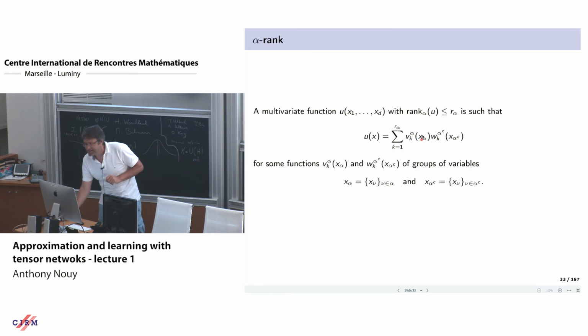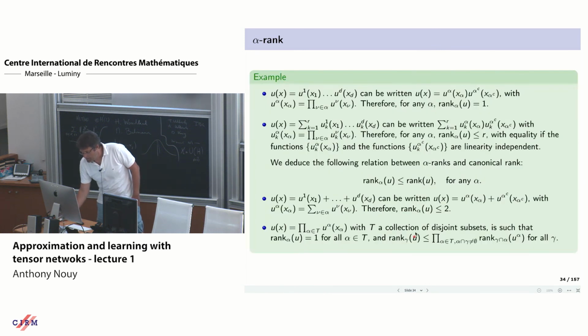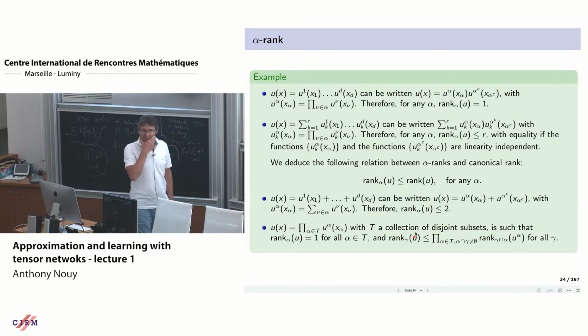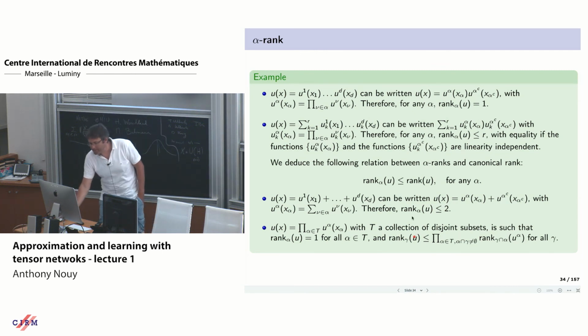The variable x alpha is the collection of variables x i for i in the set alpha. So, some examples of alpha rank. We played the game with canonical rank, so now let's consider a few functions.